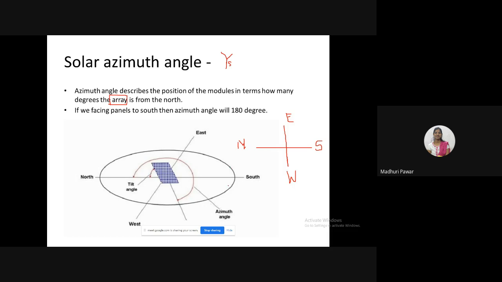Whatever solar rays or solar radiations are coming from the sun will be on the solar surface up to the first half of the day. First half of the day means up to what? Up to 12. This is the first half of the day.